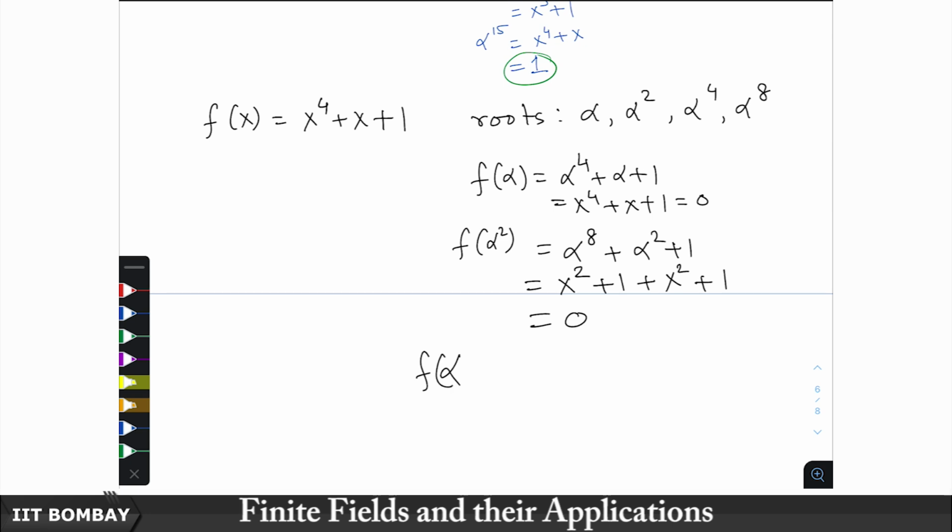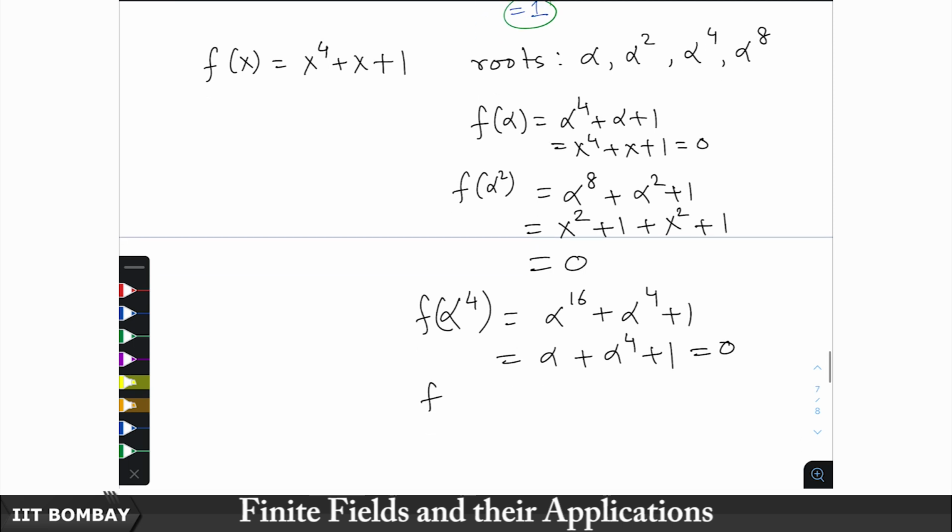f of alpha^4 is alpha^16 + alpha^4 + 1. Alpha^15 is 1, so alpha^16 is alpha, giving alpha + alpha^4 + 1, which is also 0, because it is x^4 + x + 1.